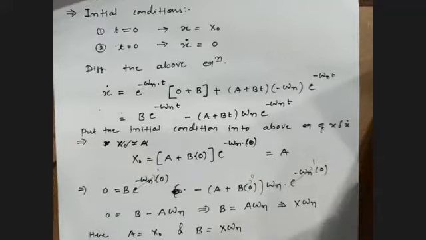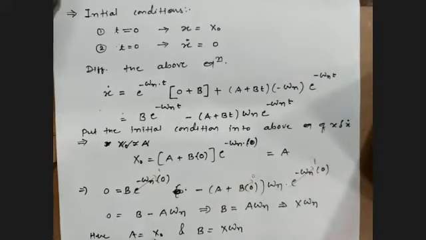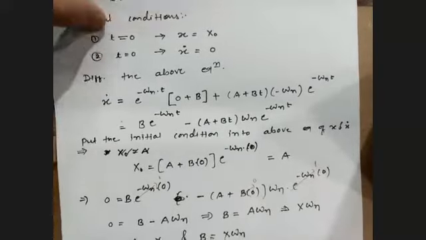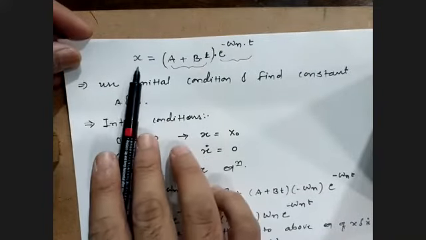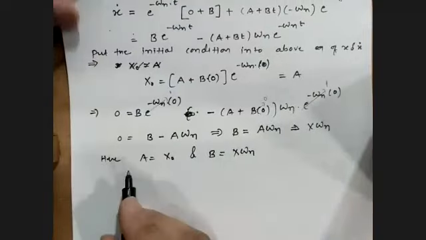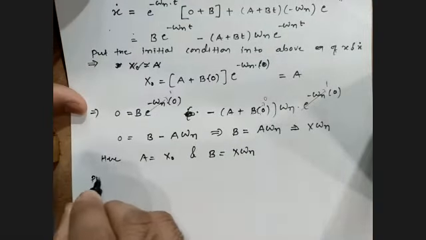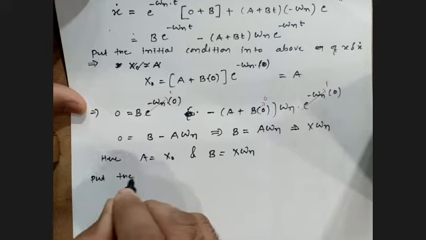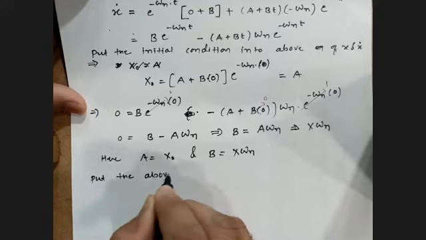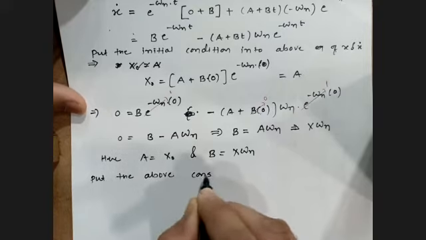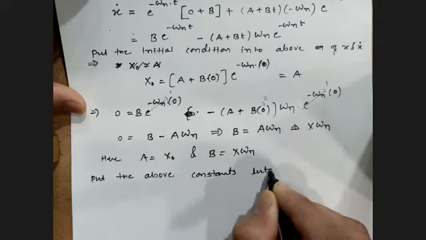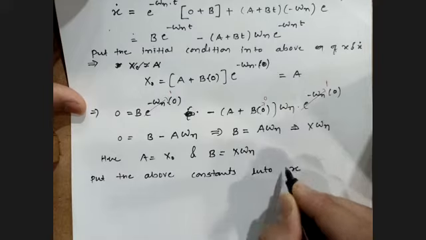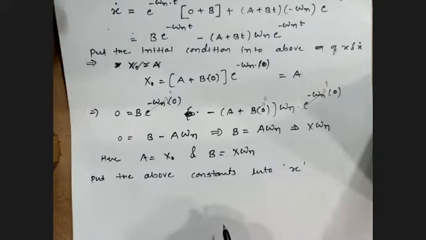Now what we need to do next is put these constant a and b values into the initial equation, the equation which contains the displacement function. So let us put the above constants into the displacement function x.